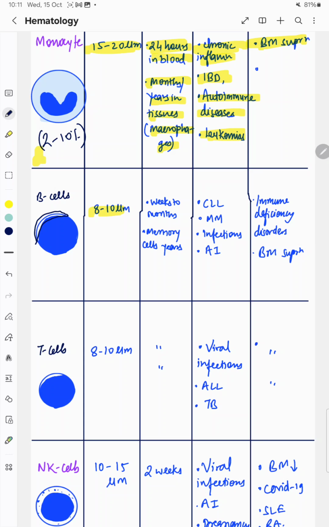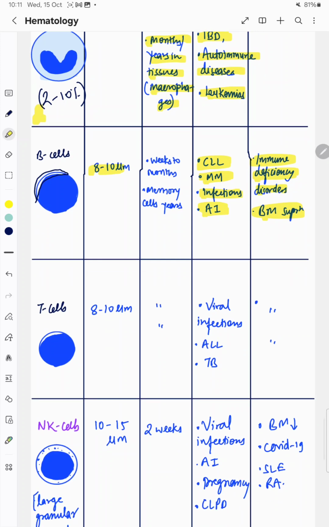Lifespan is weeks to months, and memory cells can live up to years. Increased lymphocyte count is known as lymphocytosis, which is seen in chronic lymphocytic leukemia, multiple myeloma, various infections and autoimmune diseases. Lymphocytopenia is seen in immune deficiency disorder and bone marrow suppression.